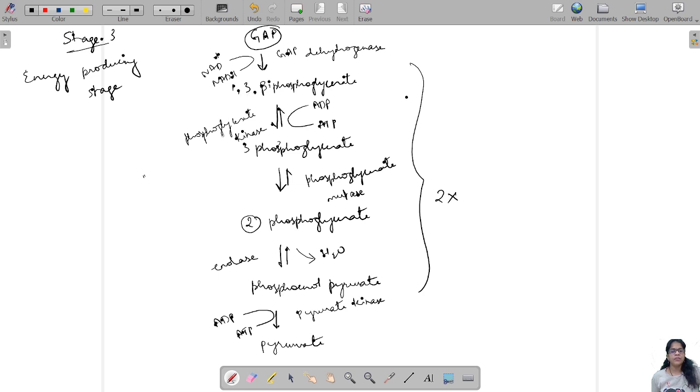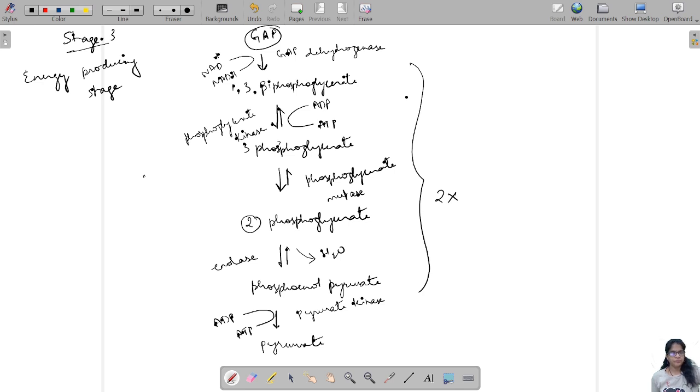Now phosphoglycerate kinase would transfer the phosphate group present on the first position to adenosine diphosphate. Thus ADP is getting converted into ATP by the addition of phosphate, and the 1,3-bisphosphoglycerate loses the phosphate group in the first position, leading to the formation of 3-phosphoglycerate. And here ATP is produced.